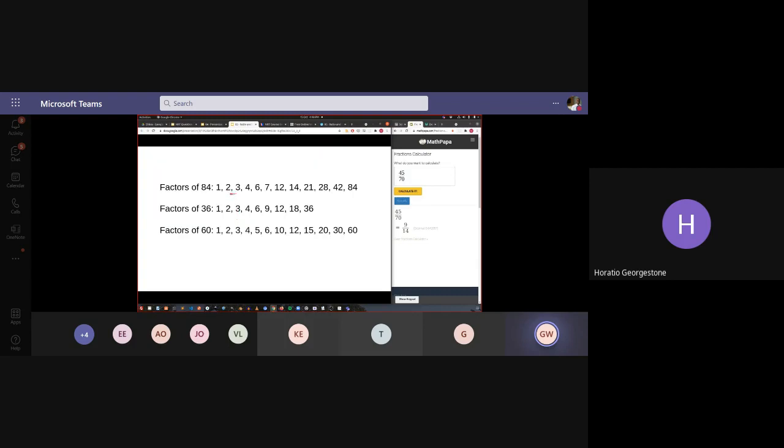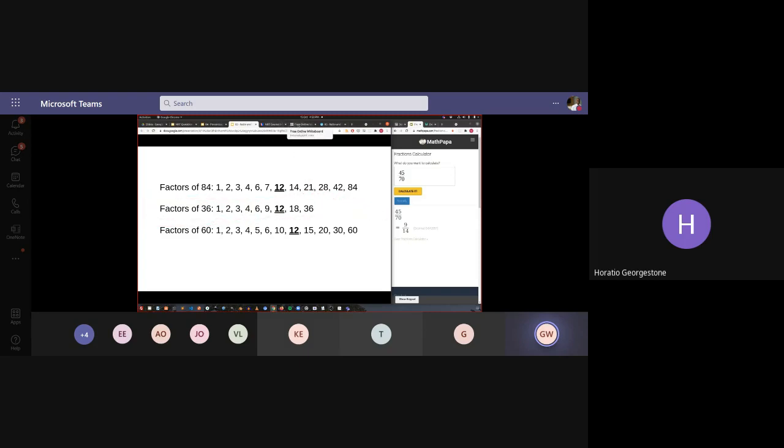So one way to do it is just to list out all the factors of each of the numbers, and then just look through the 3 lists and find the highest number that is in all 3 lists. And you will find that it is 12 in this case. Now, that leaves the question of, how do you find out all the factors of a number?